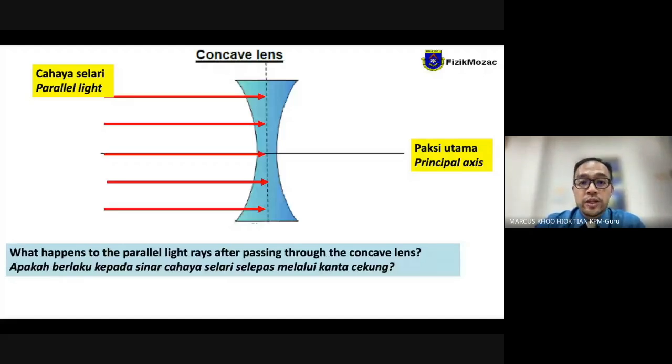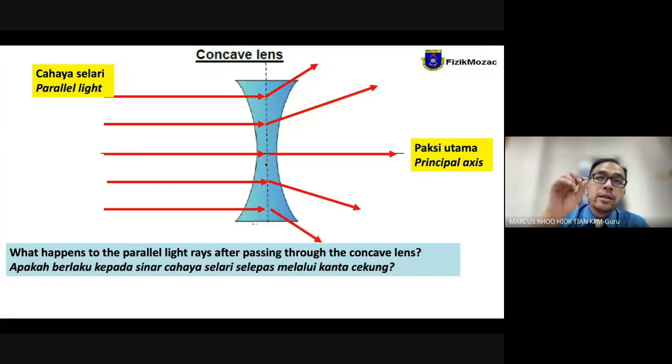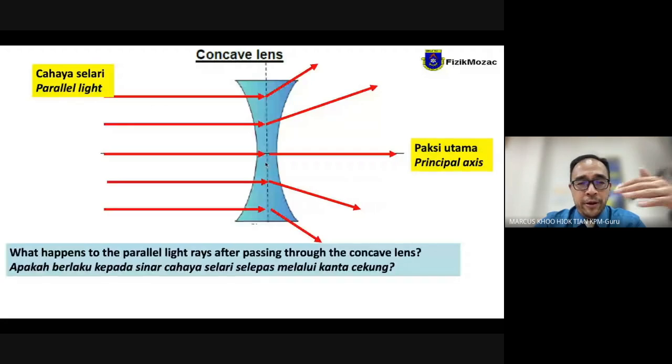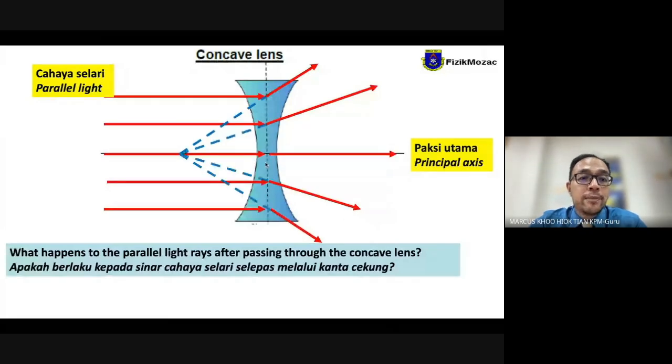So the question that we need to ask is, how does it diverge out? I would suggest that you start by drawing the first light ray. I'll give you the whole picture. You draw all 5, but the point from which all the light diverges out, you extend it by a dotted line, and use that same focal point to draw the other divergent lines.